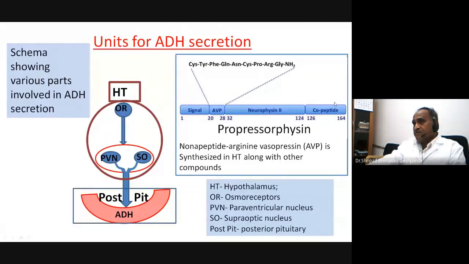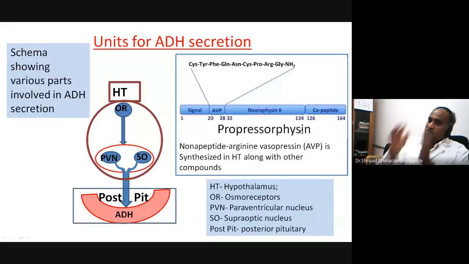This large peptide contains AVP, neurophysin 2 and copeptin. This large peptide exists as a pro-pressophysin, and if I include all these 1 to 164 amino acids, this is the pre-pro-pressophysin.